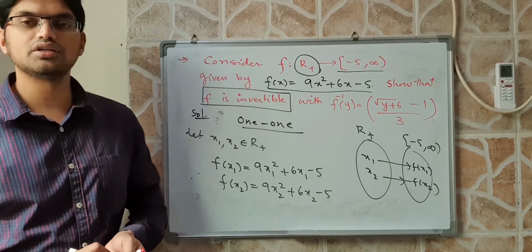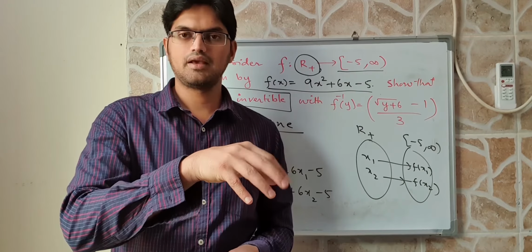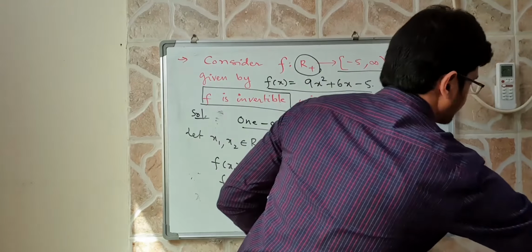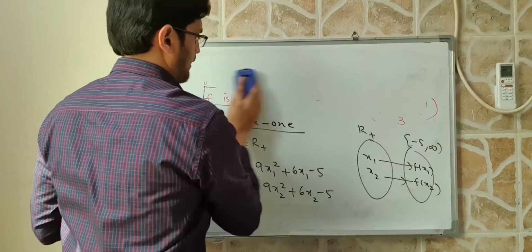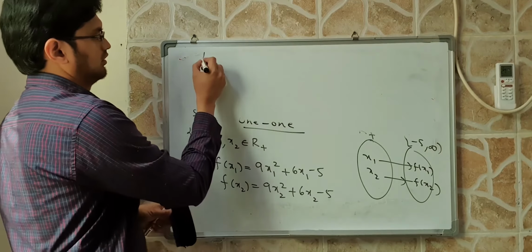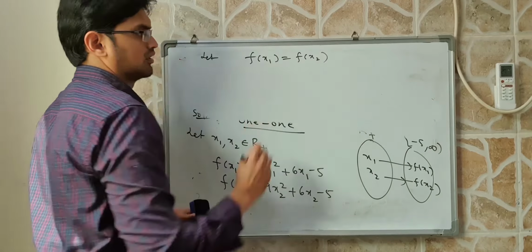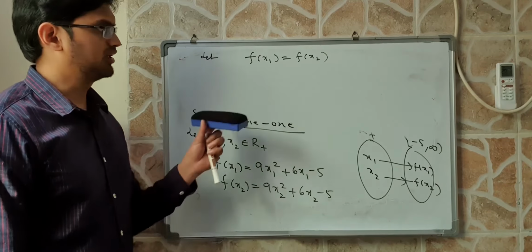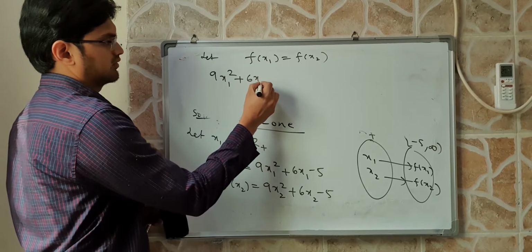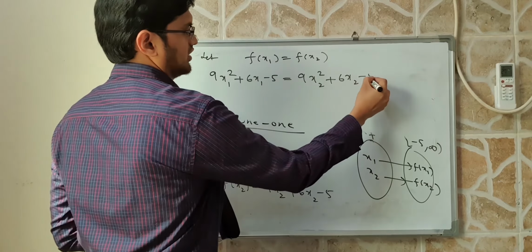So now what is the procedure for 1, 1? As I have already discussed, equate the images and we have to show the elements are also same. So now let us equate them. Let f of x1 be equal to f of x2. When I equate these images, I'll get 9x1 square plus 6x1 minus 5 equal to 9x2 square plus 6x2 minus 5.